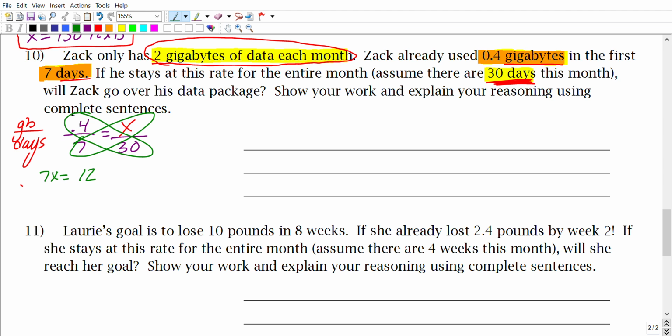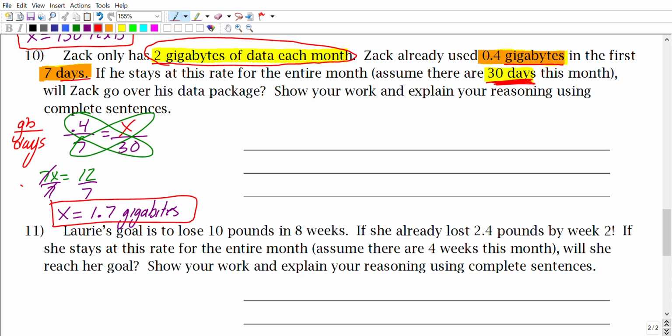Okay, so now I want to divide by 7. So I got x equals 12 divided by 7 is around 1 point, and I'm going to round a little bit, but 1.7 gigabytes.